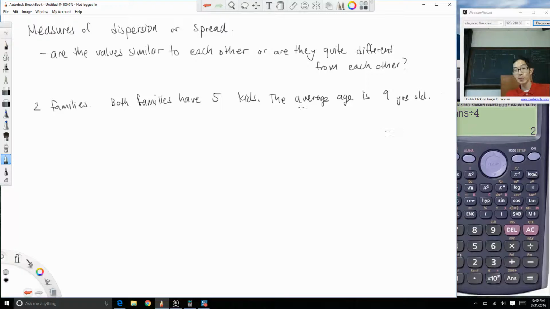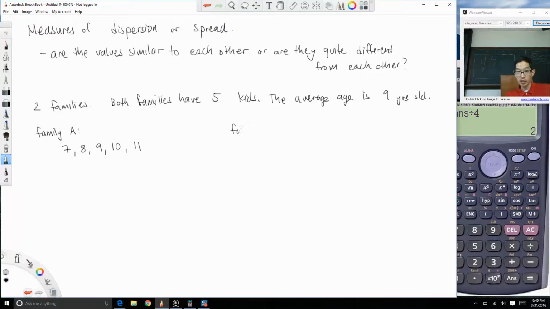So for both families, the average age of the kids is 9 years old. Both families have 5 kids. Let's say, family A, the kids' ages are 7, 8, 9, 10, 11.